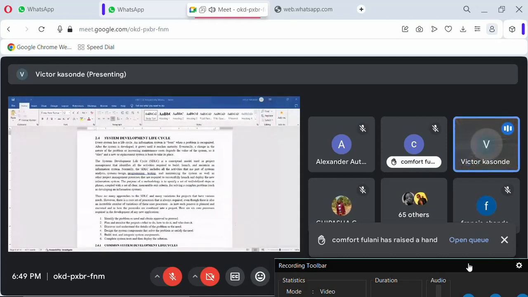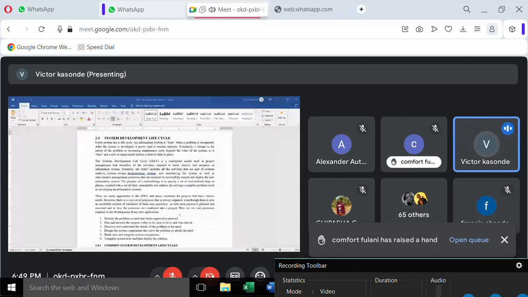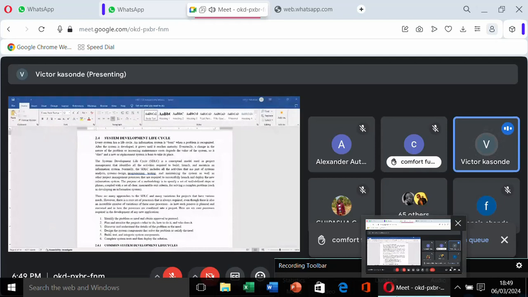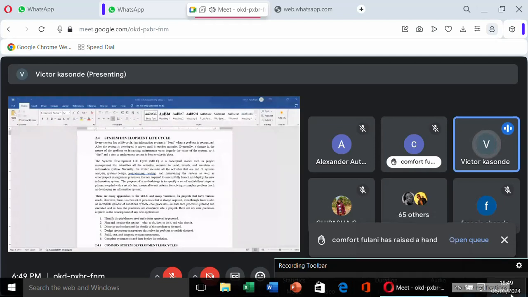It increases accuracy. Whatever you have entered is the way it's supposed to be. It allows employees to concentrate on more high-level functions. The other one is that information system can also lead to better project planning. Project planning, you can plan.